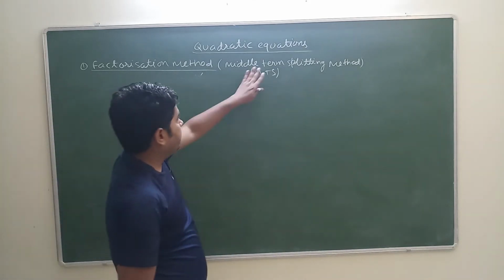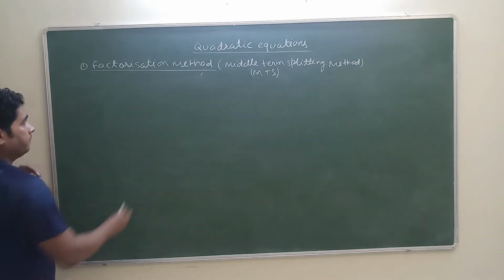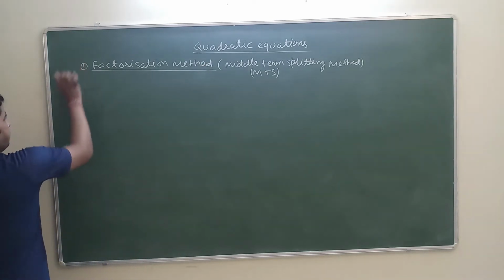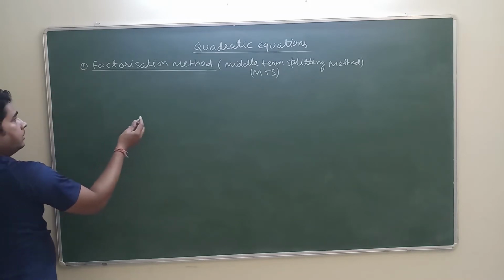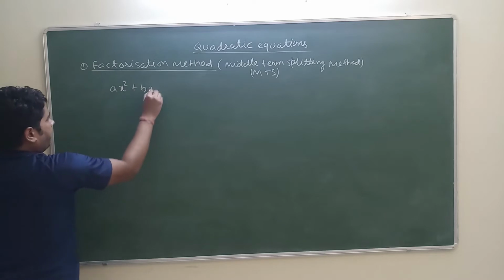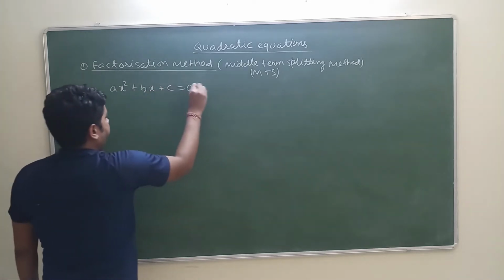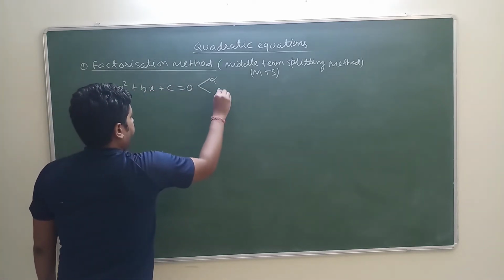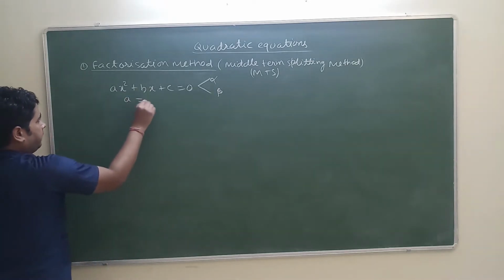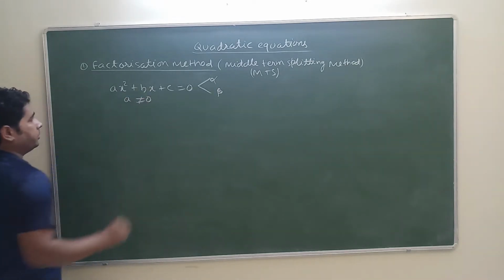So, what is this middle term splitting method? Let's say we have this quadratic equation in which the leading coefficient is not equal to 0.